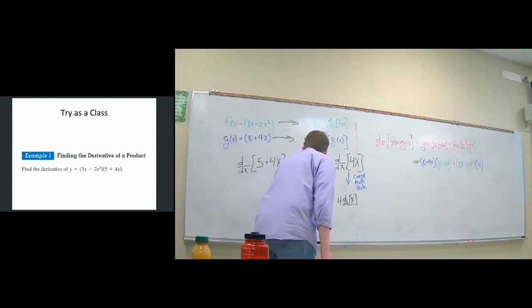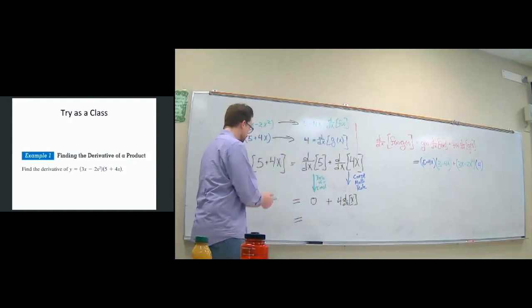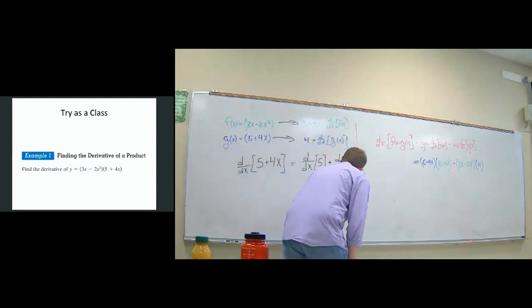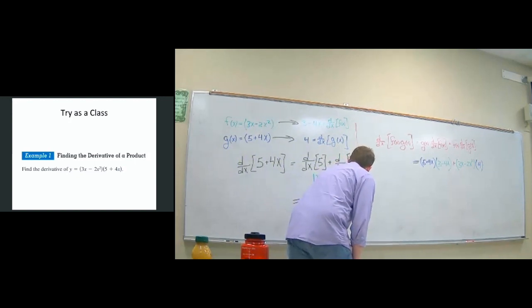And now, our rule says this is going to be 4 times 1 x to the 1 minus 1.